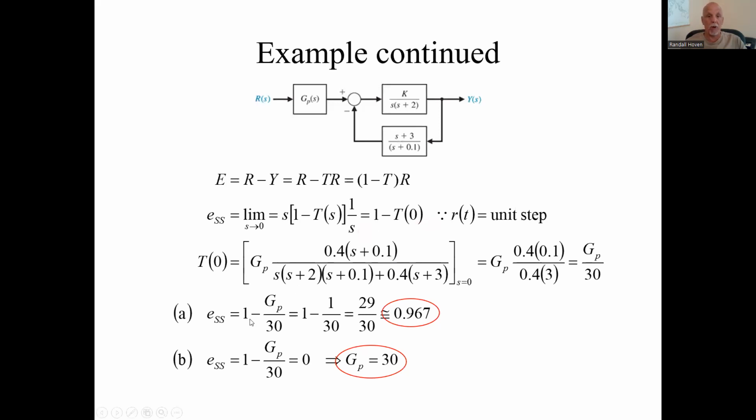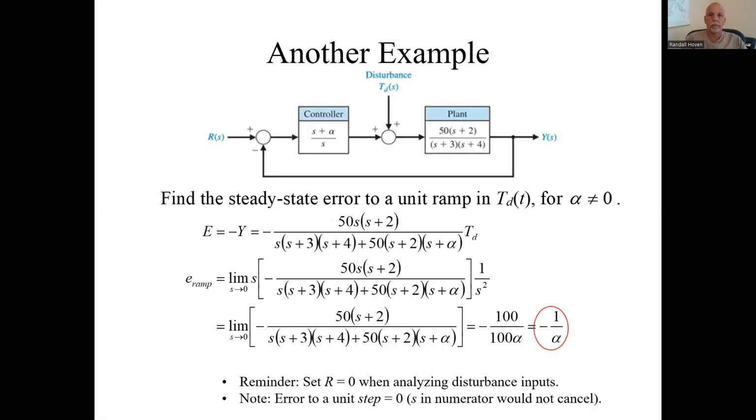Error then is 1 minus that. So when G sub P equals 1, the error is 29 over 30. Just a little bit less than 1. If I want that steady state error to be 0, I just make G sub P equal 30.